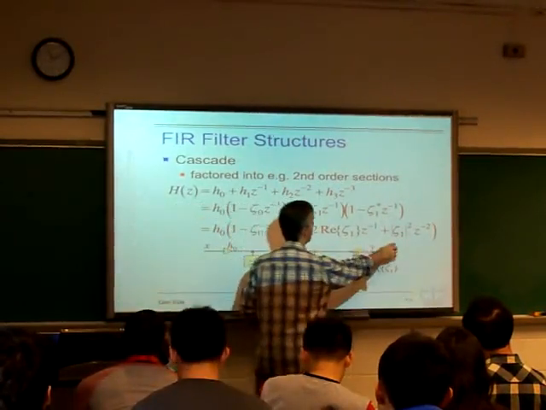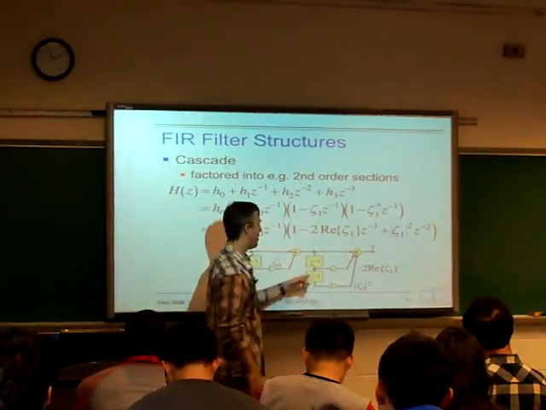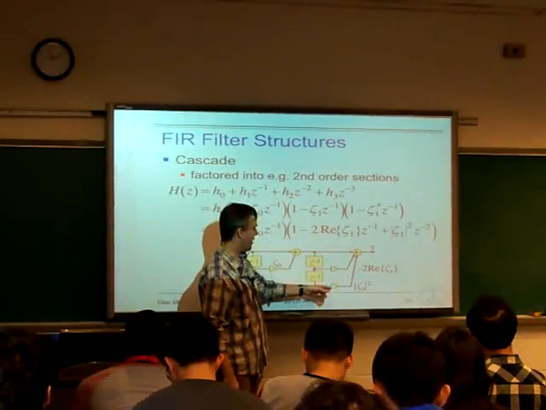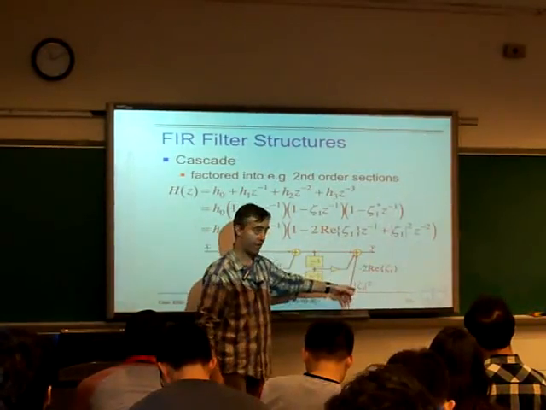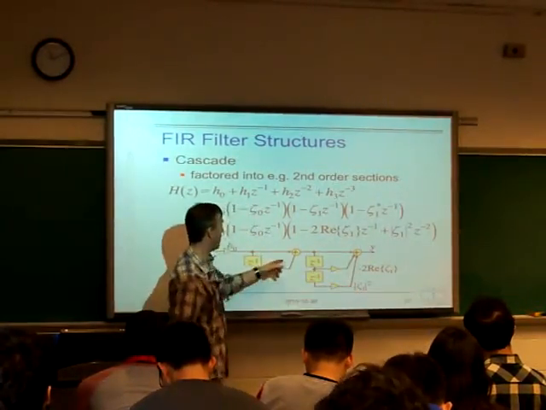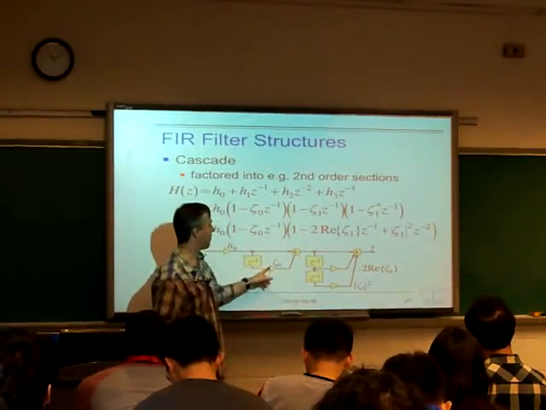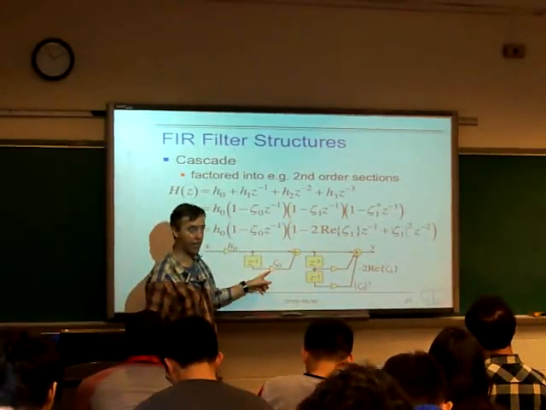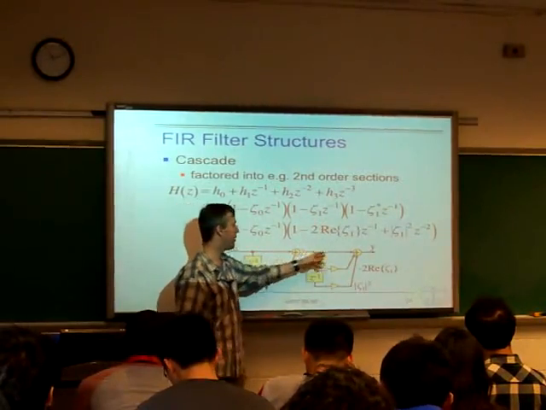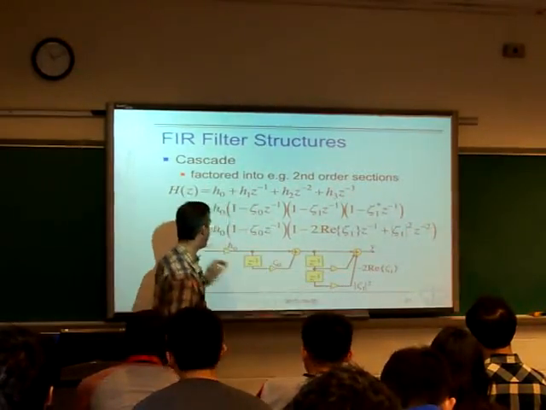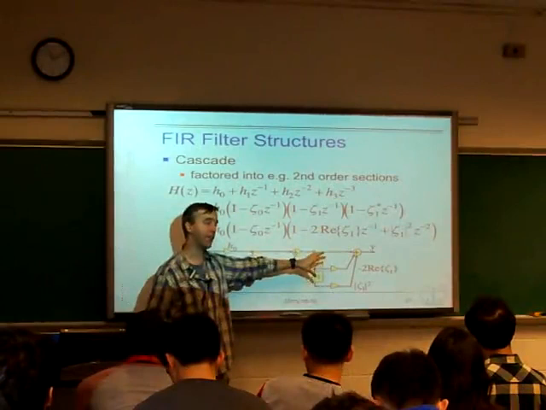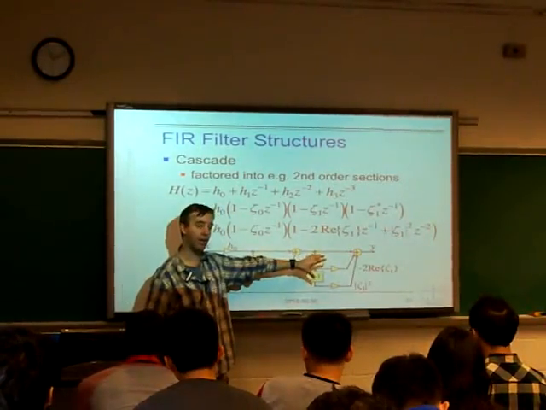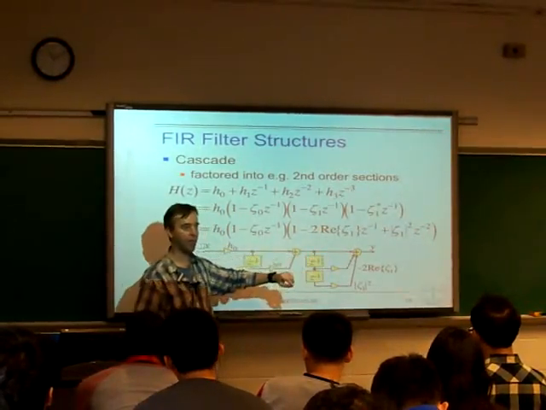And then this second-order system becomes this nice second-order structure here with just real coefficients. We could have had 3 terms here, but then we would have had to start using complex representations for these values. Here, because the coefficients are all real and assuming the input is all real, we never actually have to worry about tracking the imaginary parts of these values, which typically we wouldn't want to get into.